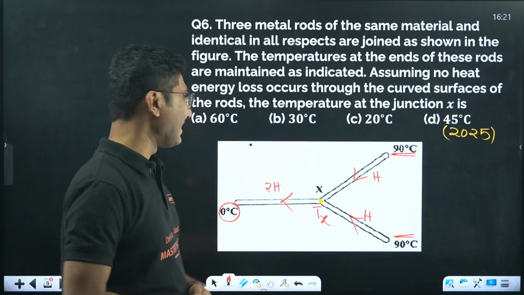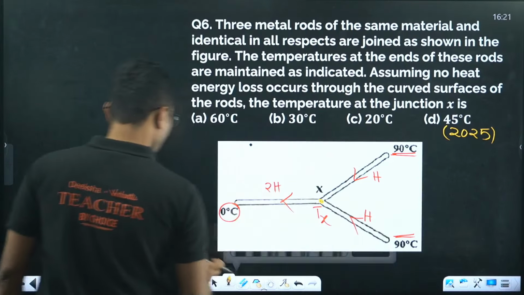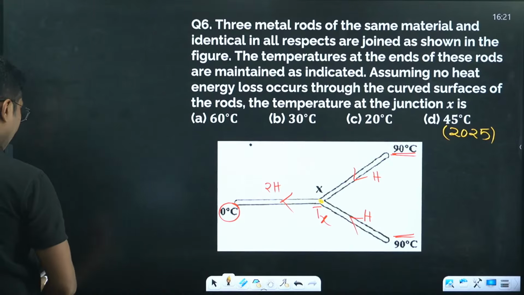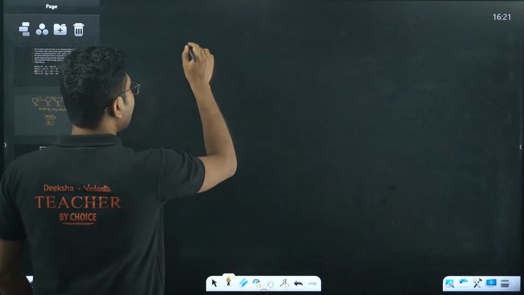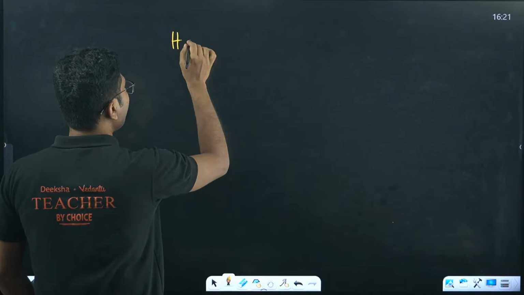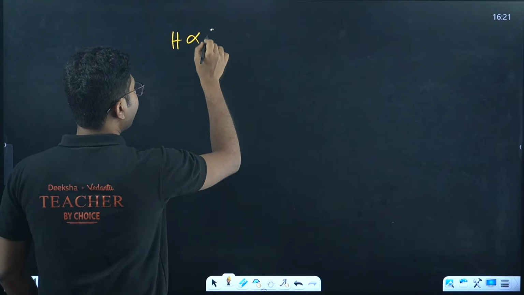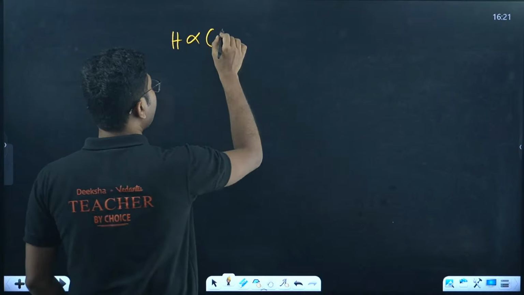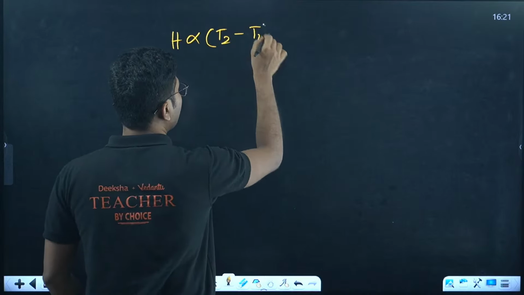Now what is H? For a conductor, the heat passing through it is proportional to the difference in temperature, so T2 minus T1.